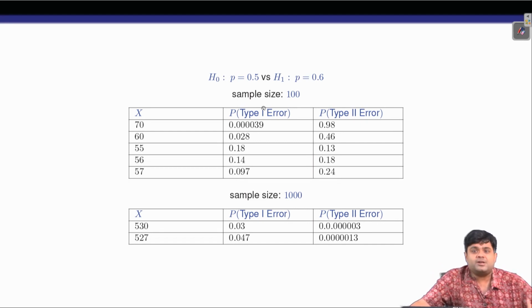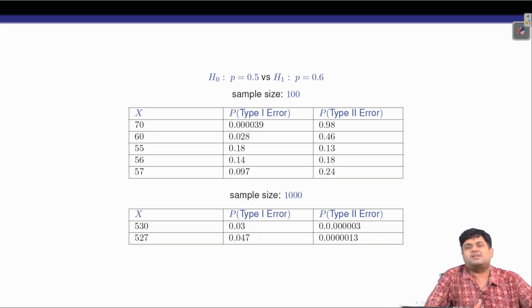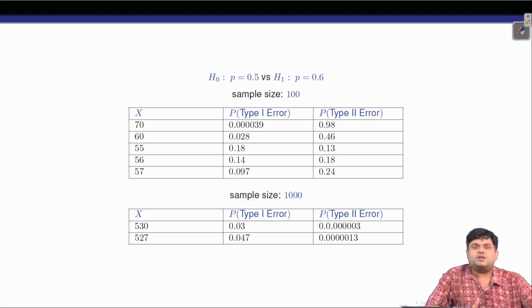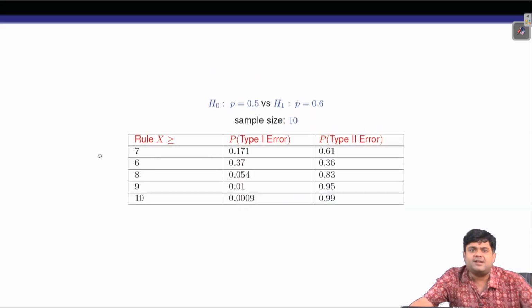Now, intuition says collecting a larger sample gives better prediction, because as the sample keeps growing, it eventually becomes the whole population. So, let us see what happens if, instead of doing 10 tosses, you do 100 tosses. For 10, your rejection rule was greater than or equal to 7, that was type 1 error, this was type 2 error.